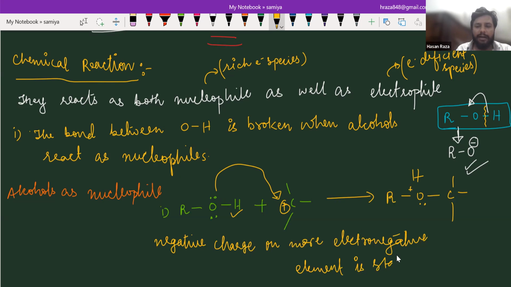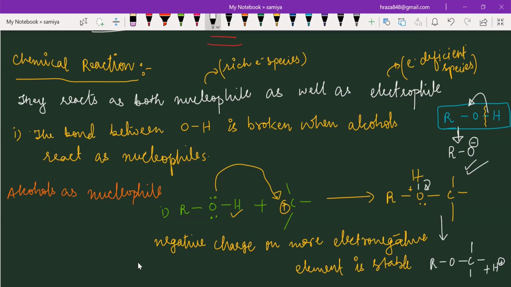Here there is a positive charge on oxygen, and oxygen is the second most electronegative element, so it is unstable. In order to get stabilized, it will take electrons from hydrogen, and the product is formed: ROC, and H plus will be eliminated. Is that clear to everyone?